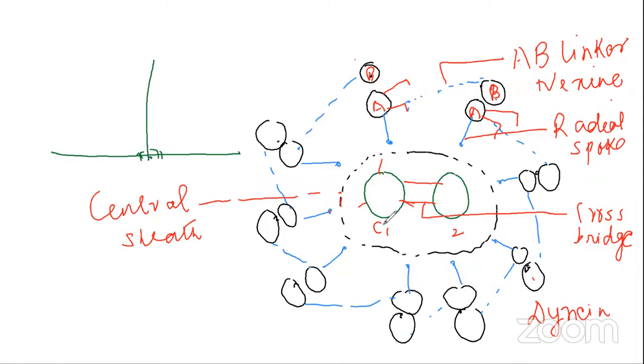And on this basis, you can also tell me that for a structure to move, this central structure should be present. Now there are two kinds of cilia, stereocilia and kinocilia. Stereocilia do not move, whereas kinocilia move. So what kind of arrangement will there be in stereocilia?